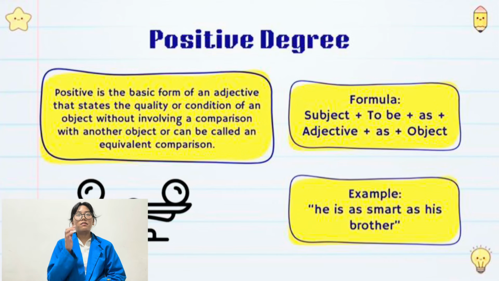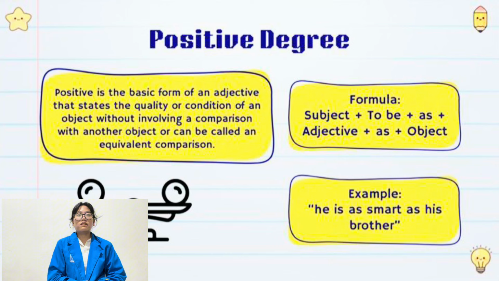Next slide, positive degree. Positive degree is the basic form of an adjective. It describes the quality of an object without showing superiority or inferiority. The formula is subject plus to be plus as plus adjective plus as plus object.